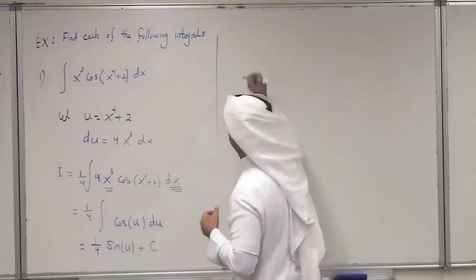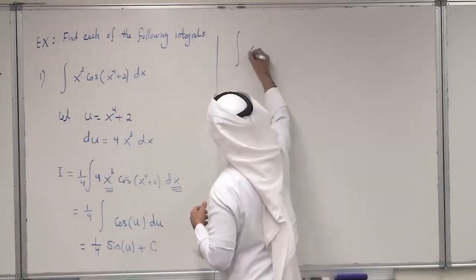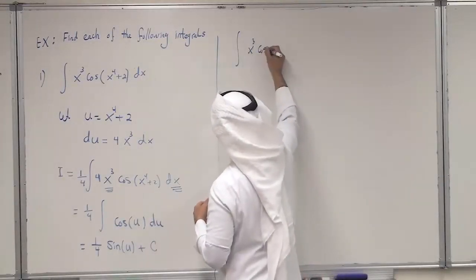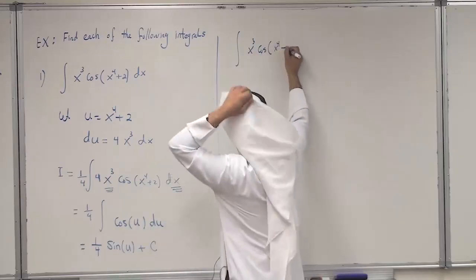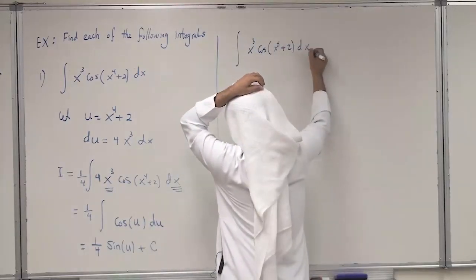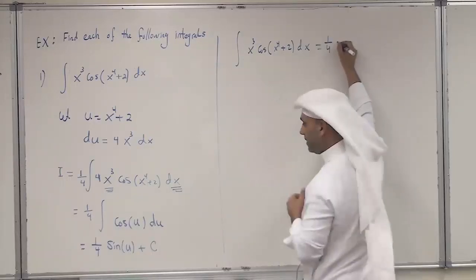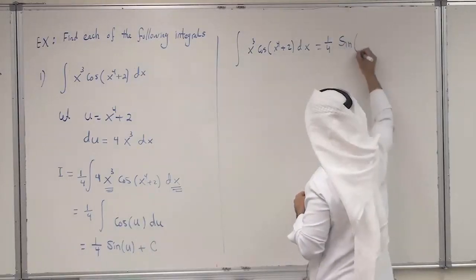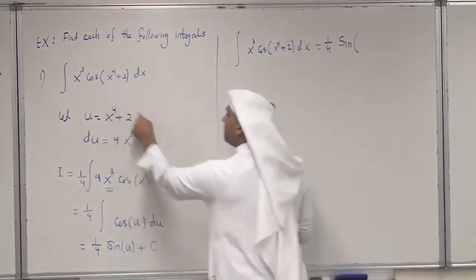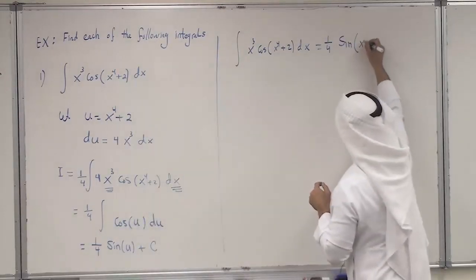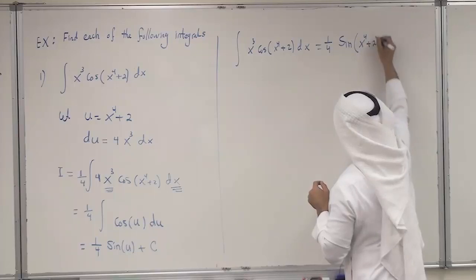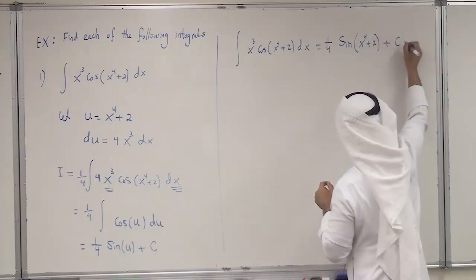We can conclude that the integral of x cubed cosine of x to the power 4 plus 2 dx is 1 over 4 times sine of u, but u is x to the power 4 plus 2, so the final answer is 1 over 4 sine of (x to the power 4 plus 2), all plus constant c.